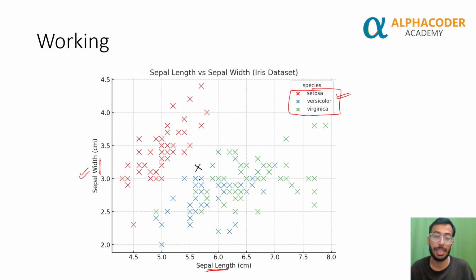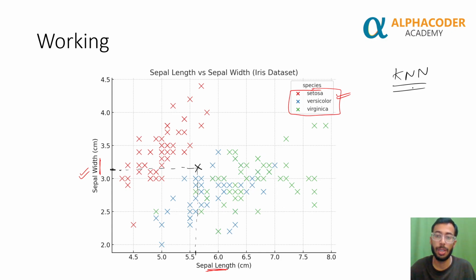Now this is an unknown data point. I need to classify this particular data point, and this may be the value of sepal width that this data point has. This may be the value of its sepal length. So you know the values of sepal length and sepal width, and you would be able to classify this. Now how are we going to classify this using the KNN algorithm, you already know the working of it.